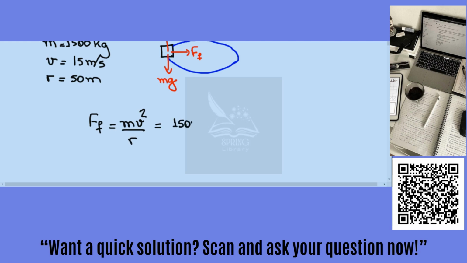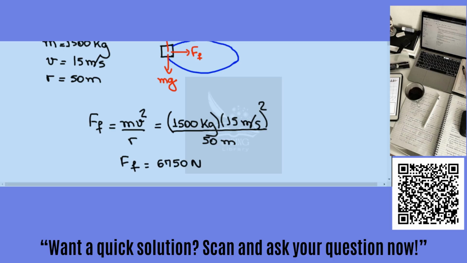So the mass is 1500 kilograms, v is 15 meters per second, and r is 50 meters. So the frictional force is 6,750 newtons, which is our answer.